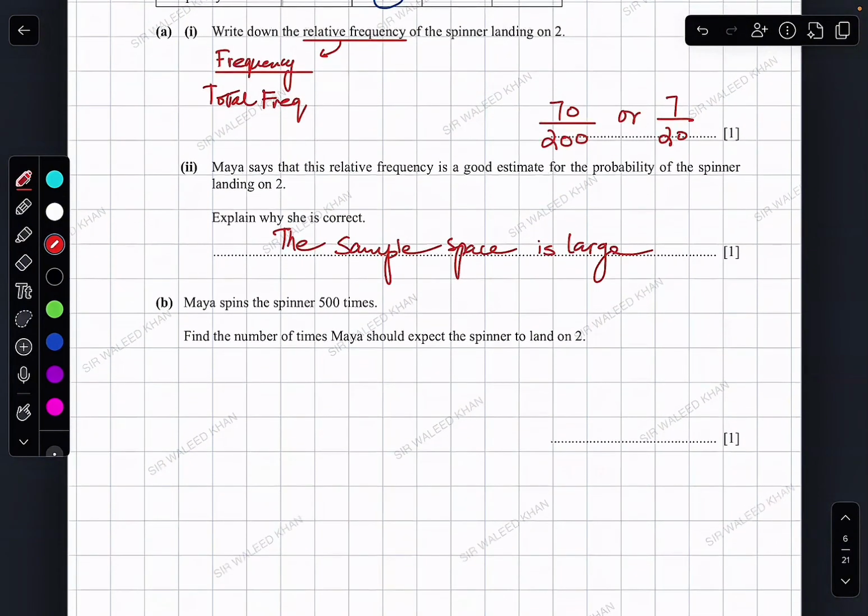Maya spins the spinner 500 times. Find the number of times Maya should expect the spinner to land on 2.